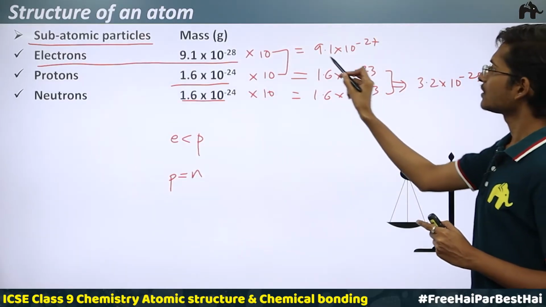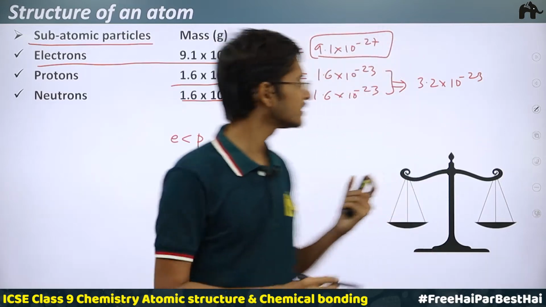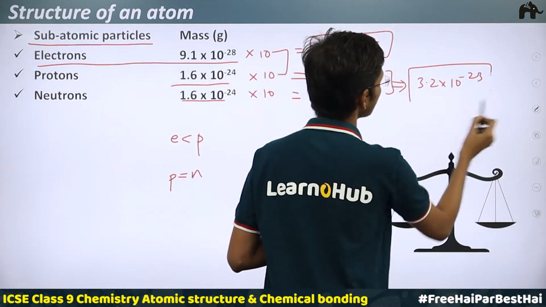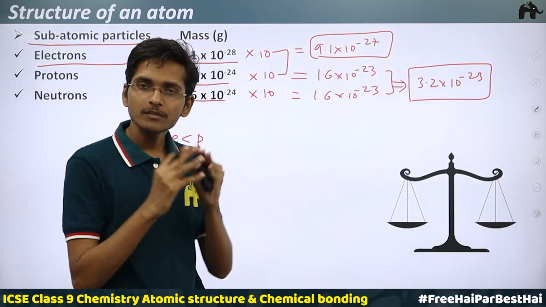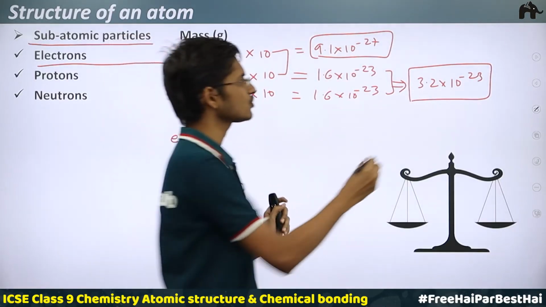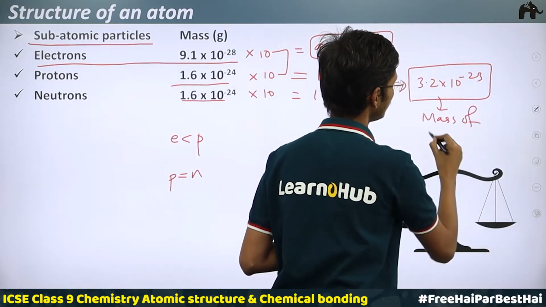And see here, the mass of 10 electrons is 9.1 into 10 raised to minus 27. So you can see clearly the mass of 10 electrons, and if I am seeing the mass of the neutrons and the protons which are present in the nucleus, or simply the mass of the nucleus. So I'm writing here mass of nucleus.